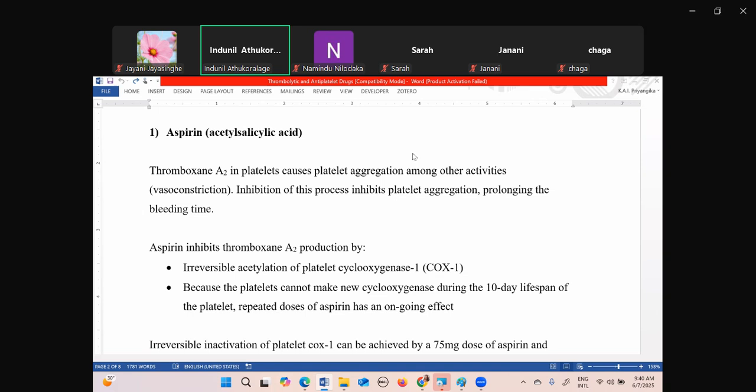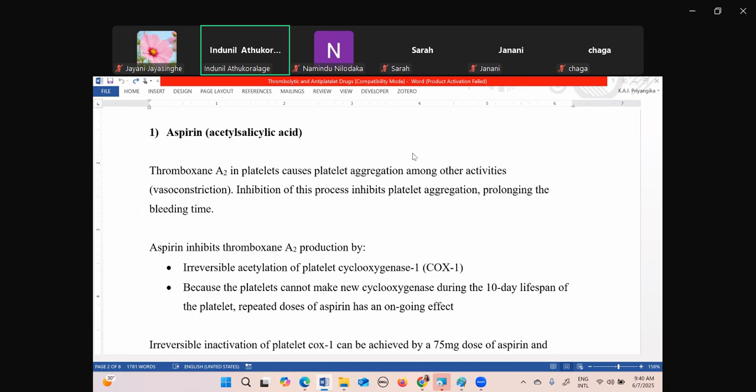By giving 75 milligrams, we can't achieve analgesic effect. So if there is a patient with pain, we can't give 75 milligrams. Anyway, aspirin is not very much used for analgesic effect nowadays because of the side effects. But for antiplatelet activity, we have to use a low dose, right?